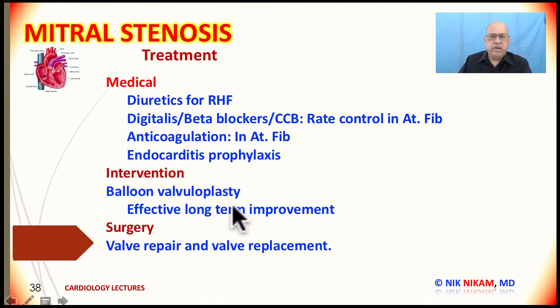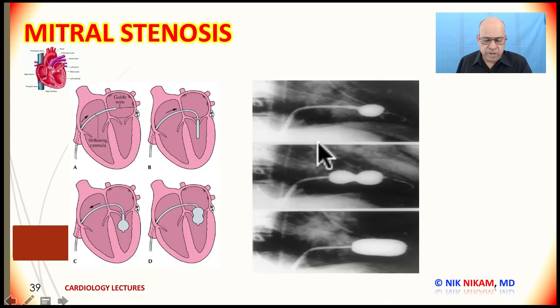As far as interventions are concerned, we have either percutaneous intervention or surgical intervention. Percutaneous interventions can be done through the groin, going through the right heart, and the catheter is passed through the right atrium into the left atrium, and from there a balloon is passed across the mitral orifice, and the balloon is dilated.